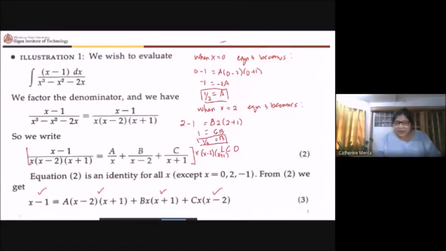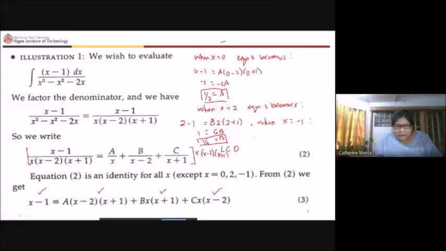Okay. Isa na lang. What happens when x equals negative 1. So, equation 3 becomes, this one will be, asa naman 0? Negative 1 plus 1. This will be 0. Ito, negative 1 plus 1. That will also be 0. So, maiwan ito na lang. And that.